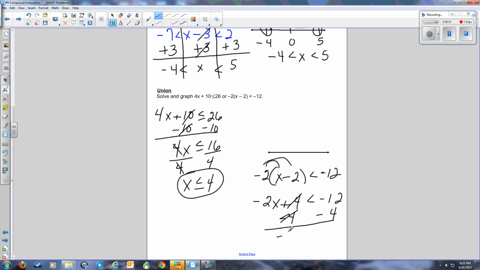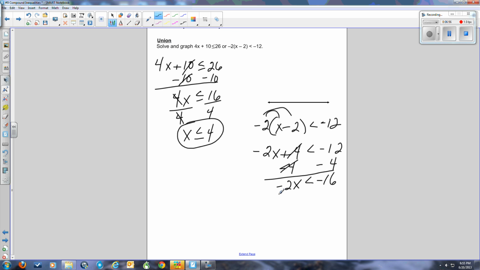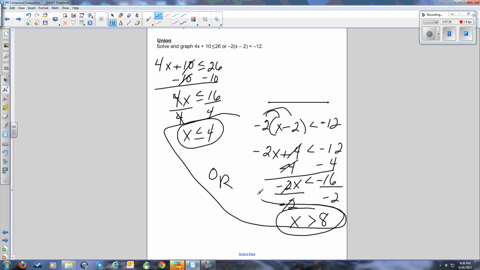I have -2x is less than -16. Divide each side by -2. The -2's on the left cancel, but I've just divided by a negative number, so I have to change the direction of the arrow. -16 divided by -2 is 8. So my two answers are x is less than or equal to 4 or x is greater than 8.